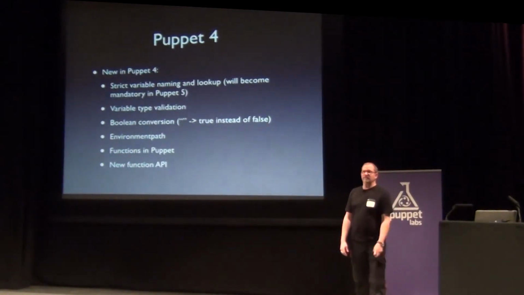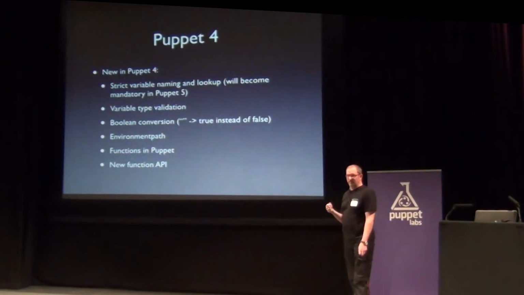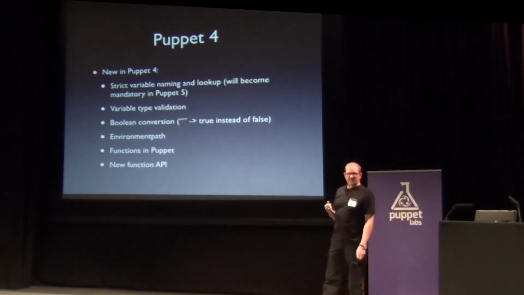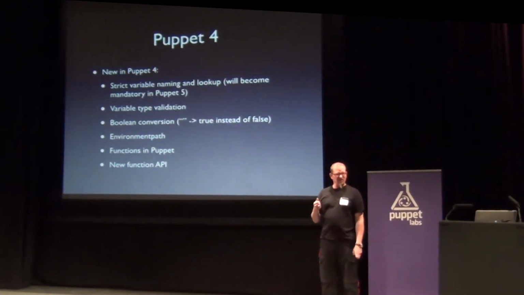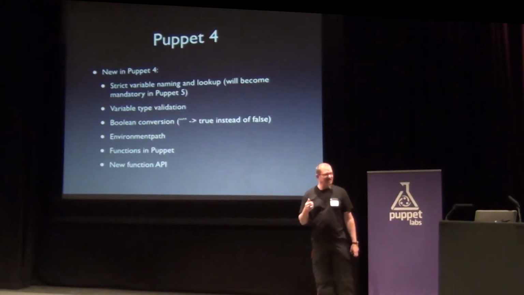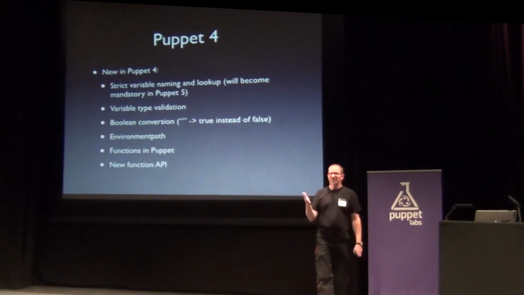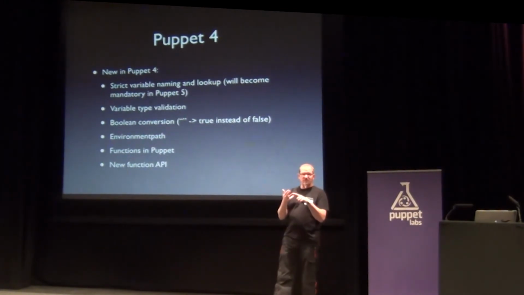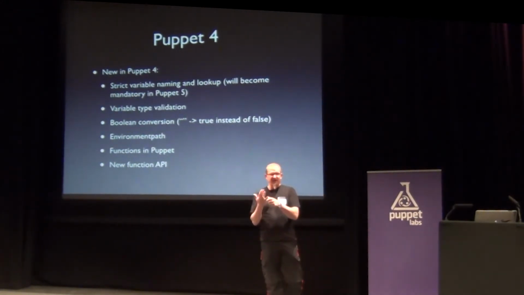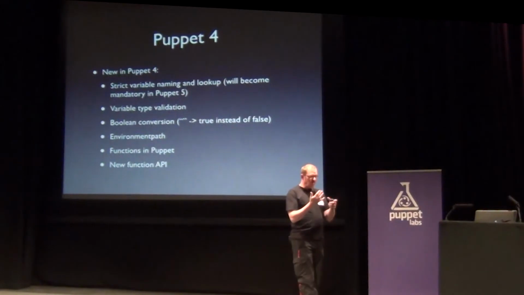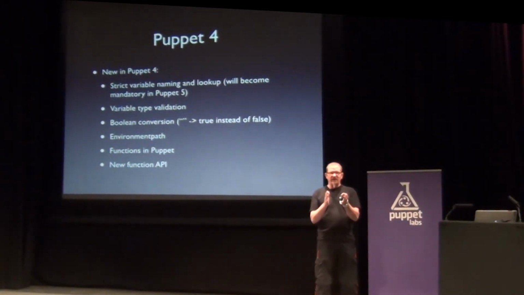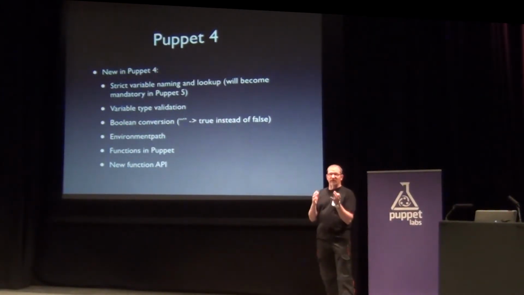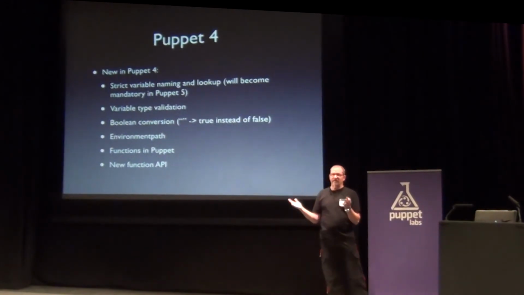Puppet 4 will be the first Puppet version that is fully typed. So it knows about floats, integers, bool, string, arrays, hashes. You can even go deeper and say it has to be an array which consists of at least two and a maximum of 5 elements.